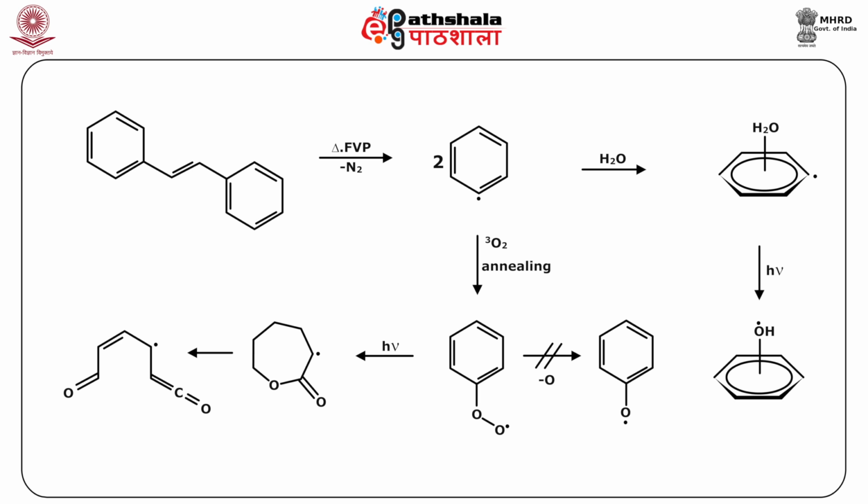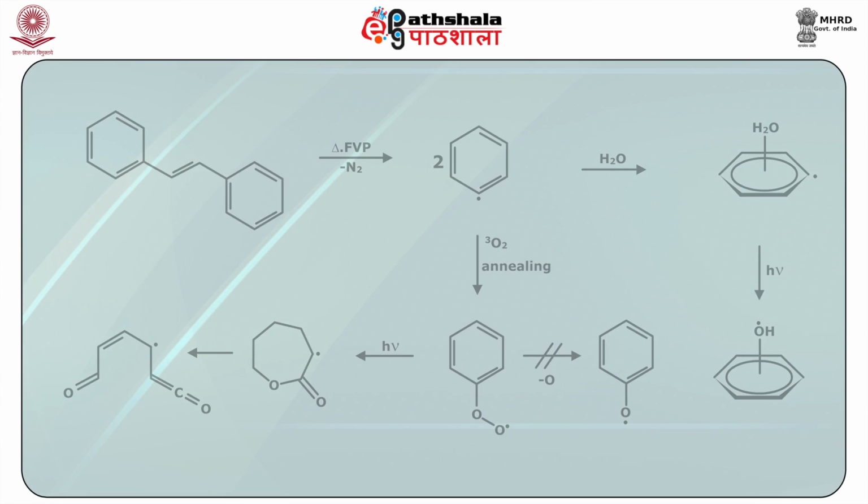Extended photolysis of the oxy-phenoxy radical finally yields the ketene radical, and if a matrix containing phenyl radical and water is annealed, initially a weak phenyl radical water complex is formed, which yields a benzene hydroxy radical complex upon photochemical excitation, and you can notice all these steps as shown in this particular visual.